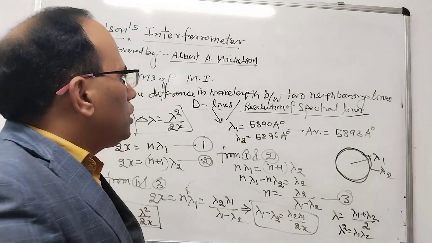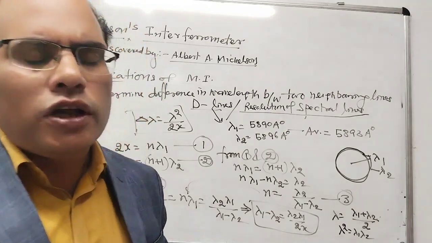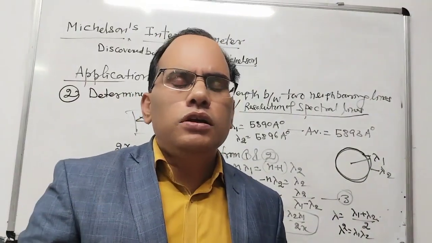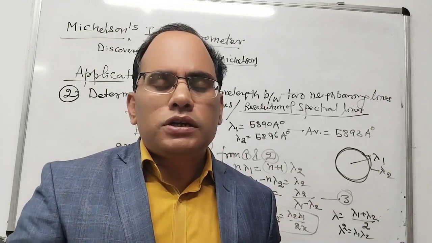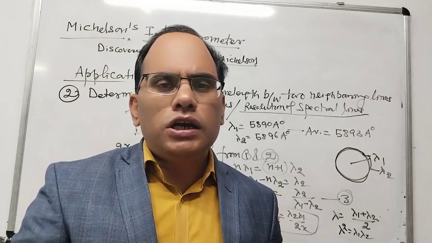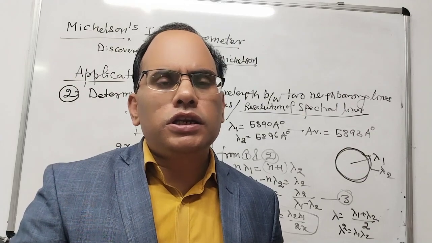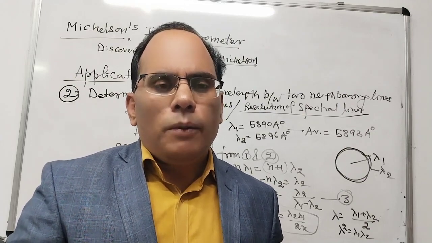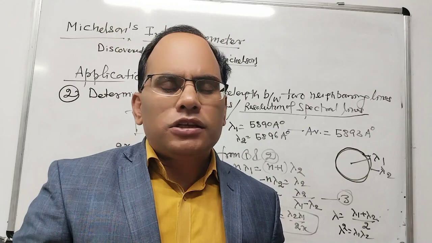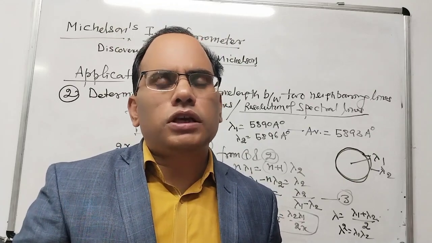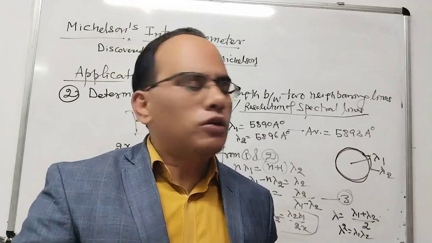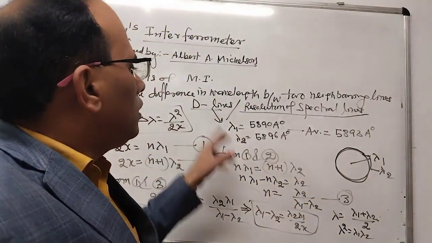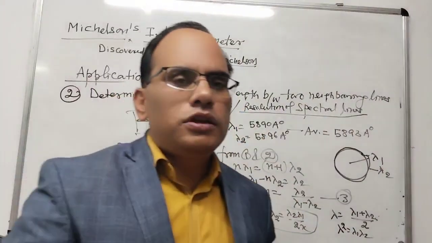What we have learned today about the Michelson interferometer is very similar to Newton's rings or the Fresnel biprism, but from an application point of view, the Michelson is more suitable than Newton's rings and the biprism. We have seen that the formula looks very simple and we can easily find the desired result.